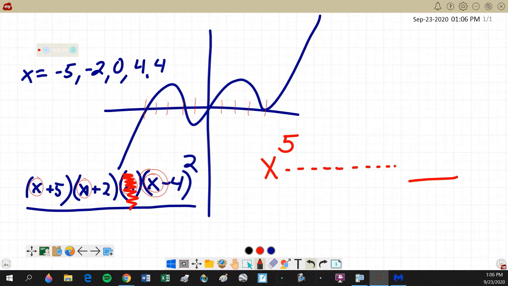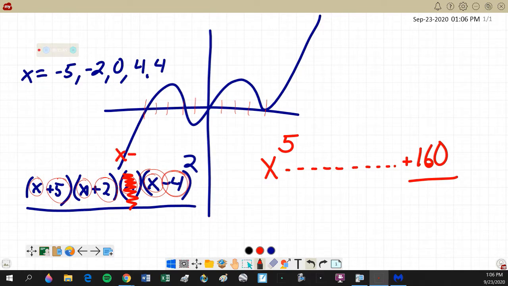It will be 5 times 2 times -4 times -4, positive 160. Okay? And then, who said 0? Why did you say 0?